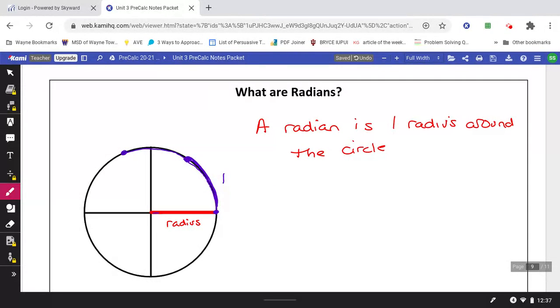I think it goes to about right here. That's another 1 radian from here to here. I'm going to do that again. It takes me a little bit short of that 180 degrees. That would be another 1. And then to get to the 180 degrees, that little section right there is 0.14.